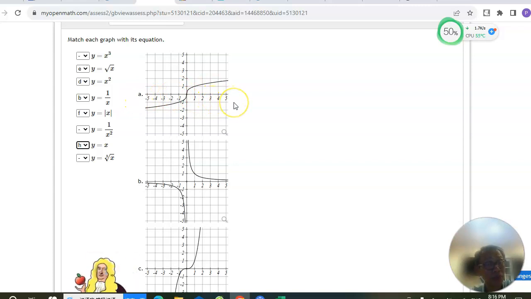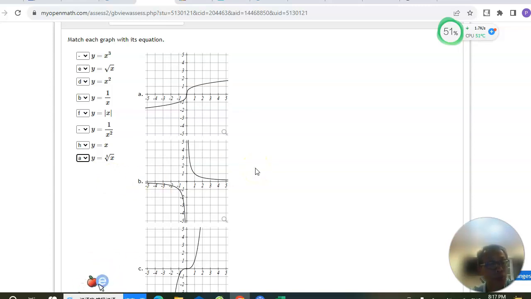See, even I need to figure out why it is this one. It cannot be the cube, because for x equals 5, 5 cubed is a huge number, so it cannot be true. So graph A is y equals the cube root of x.